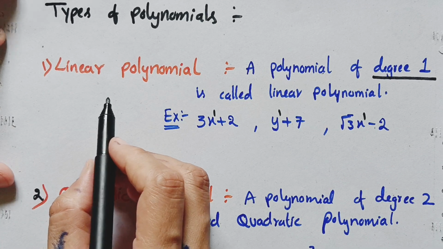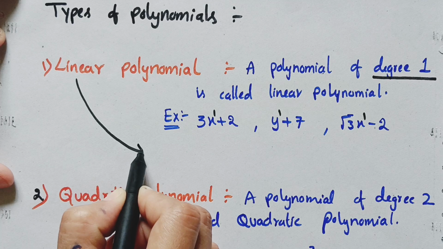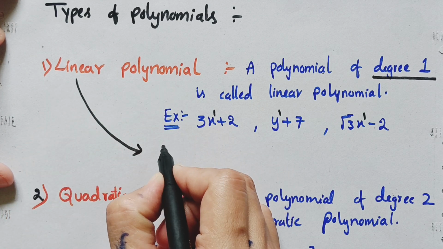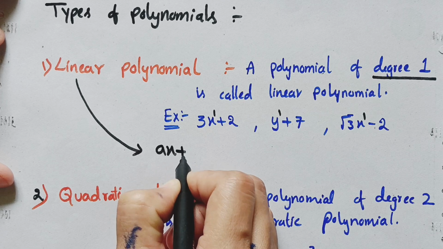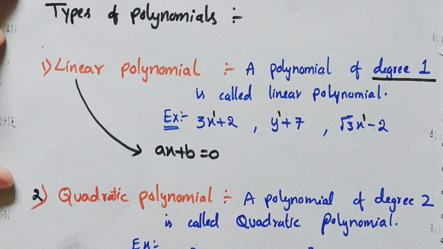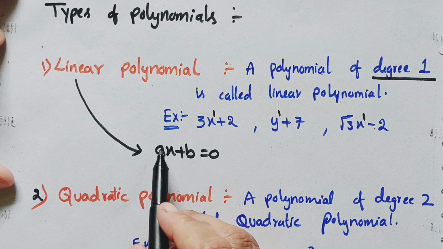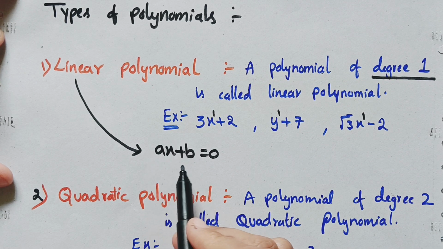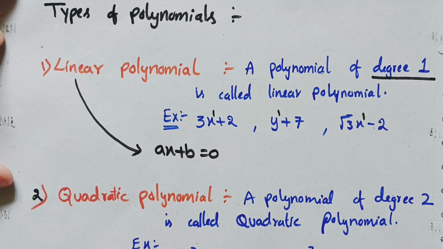Okay, so if I tell you the general form of linear polynomial, so the general form of linear polynomial will be ax plus b equal to 0. So if the polynomial is in the form of ax plus b, then we call that as linear polynomial.